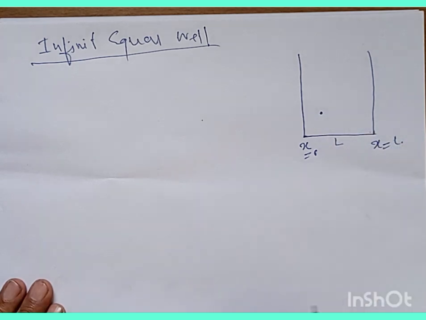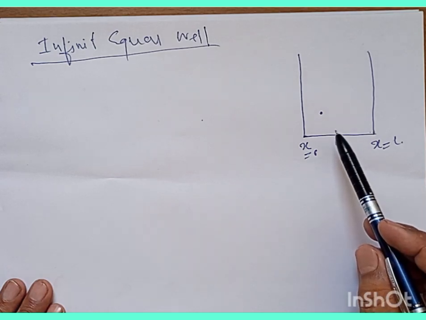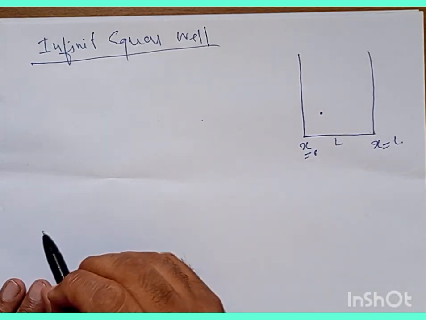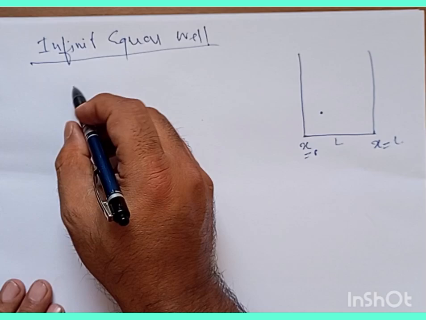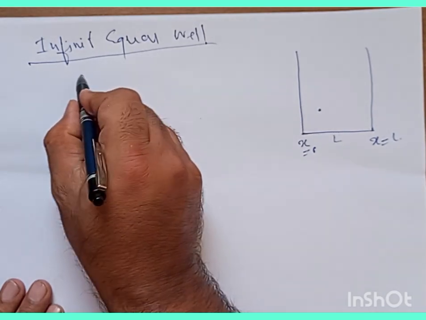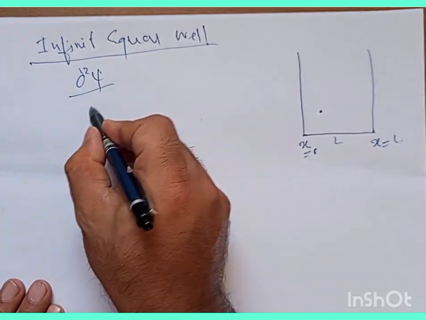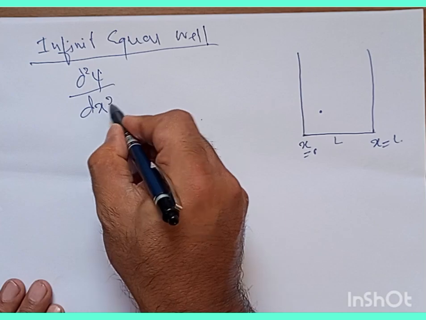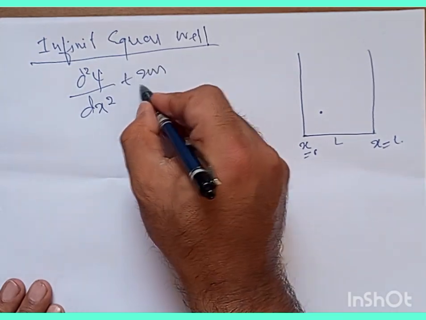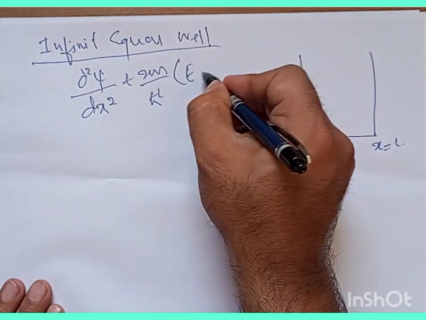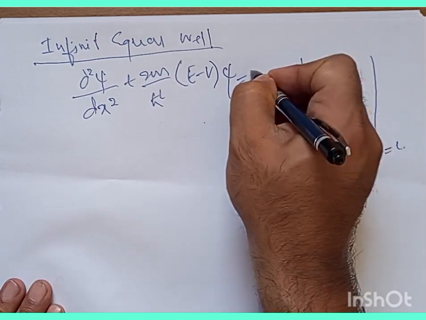To start with, the basic equation utilized in exploring the energy of the particle in this infinite square well is Schrodinger's time-independent equation. If I write down the second order differential equation for this particle, it will be d²ψ/dx² plus 2m/ħ² (E minus V) ψ equals 0.